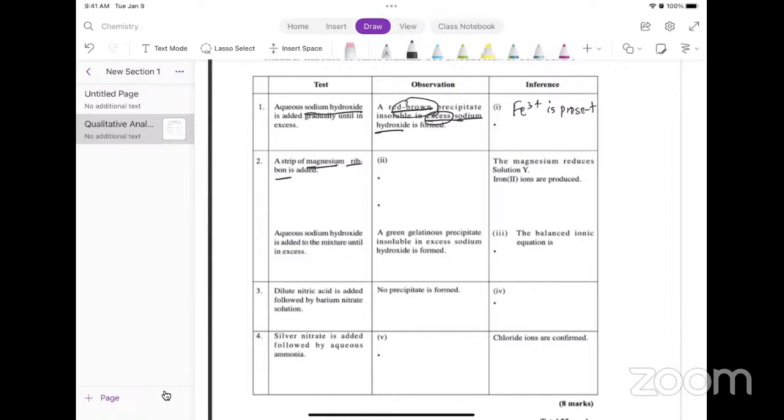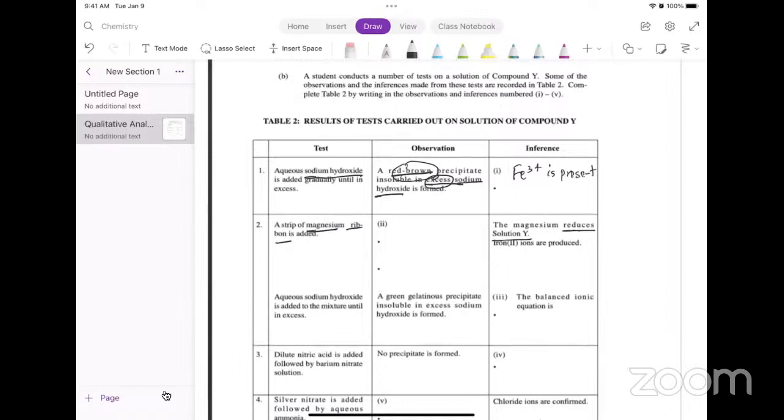Now, in my mind, that sounds a lot like a sulfate. And the reason I'm saying sulfate is because the main fact is the magnesium reduces the solution, which is what we're dealing with now.